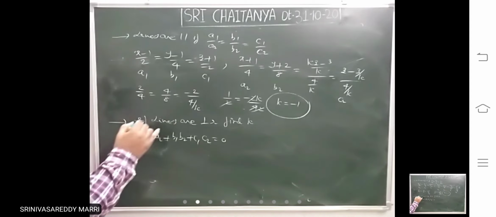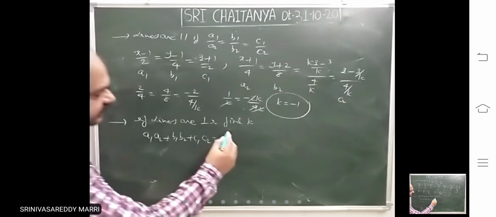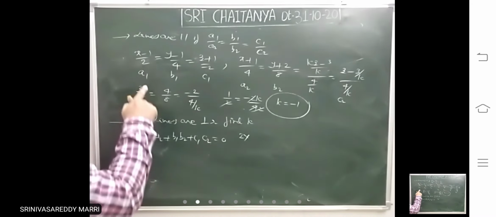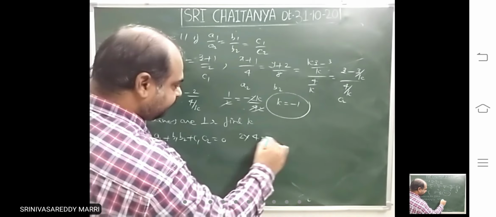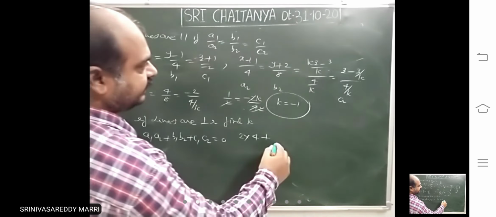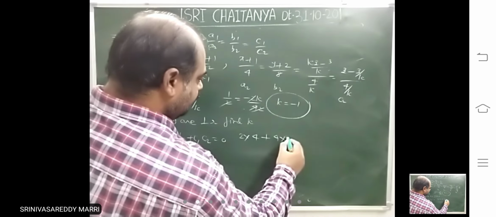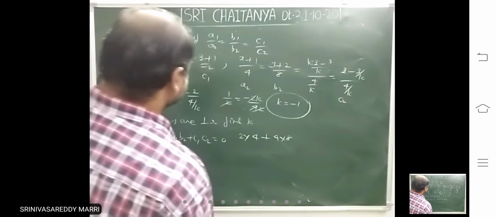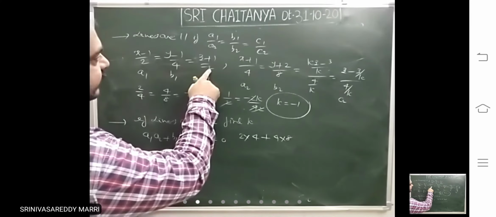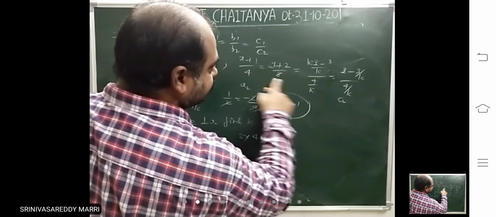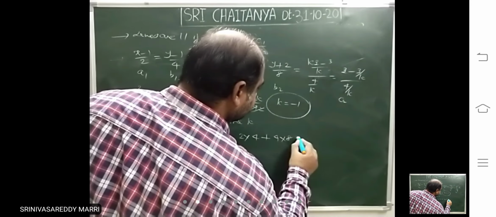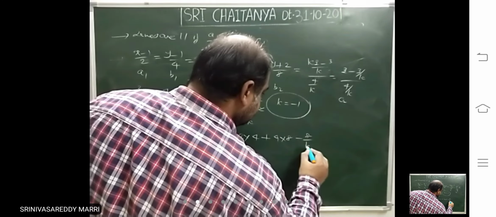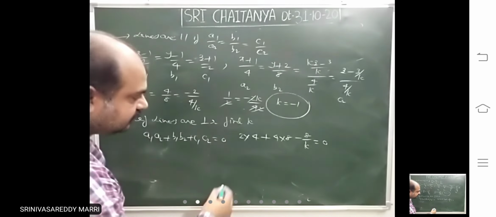That means 2 into 4 plus 4 into 8 minus 2 into 4 by k minus 8 by k equal to 0.